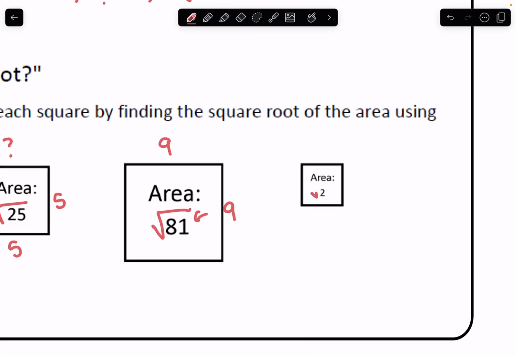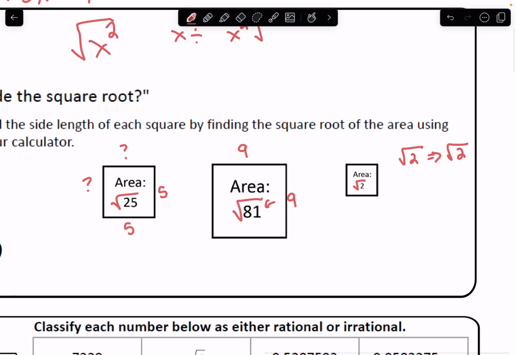And when I try to square root 2, I get an ugly number. In fact, if you type square root 2 in your calculator, it won't even give you a number. It'll just spit back square root 2 because it doesn't want to give you the ugly decimal that is the answer. So first of all, that's not wrong.